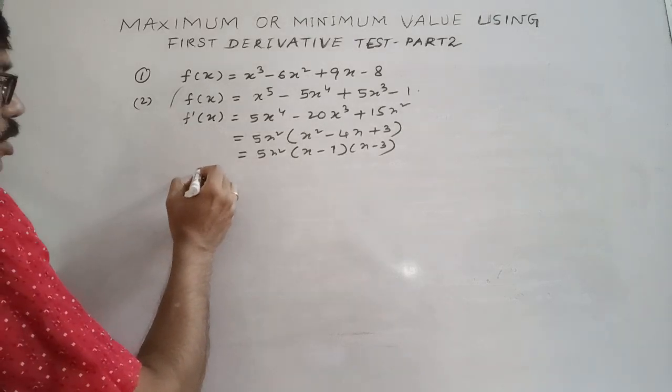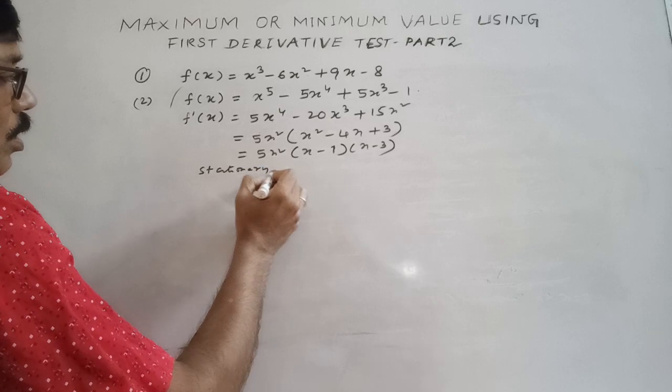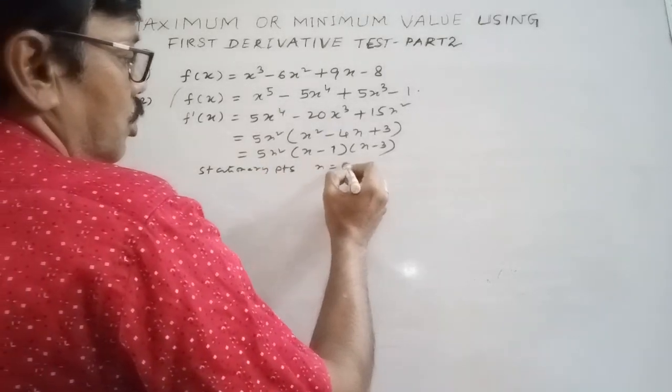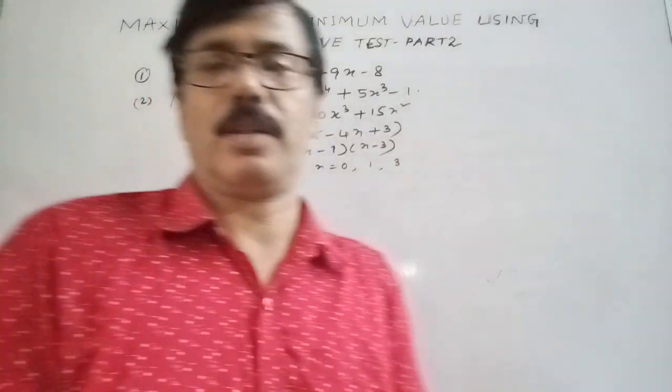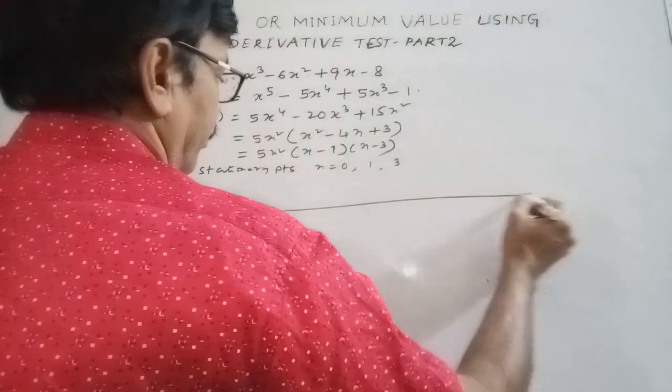So what are the stationary points? x equals 0, 1 and 3.